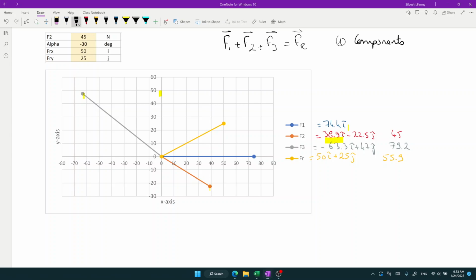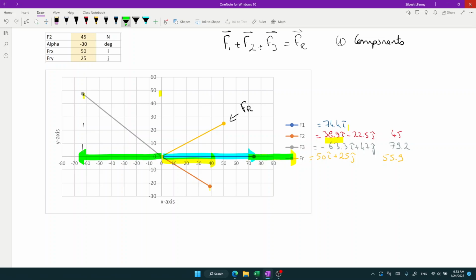The FR is this one. You take all the components: F1 plus the component on x of F2, almost 40, so I add almost 40 there, minus the component for F3x, so I go back about 63.3.